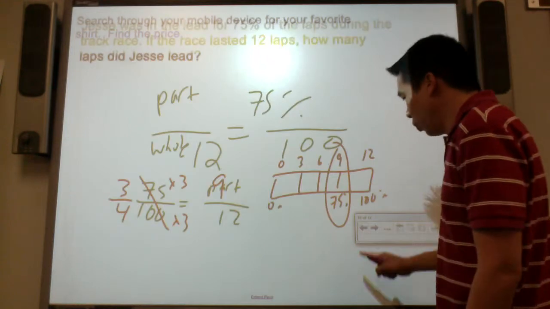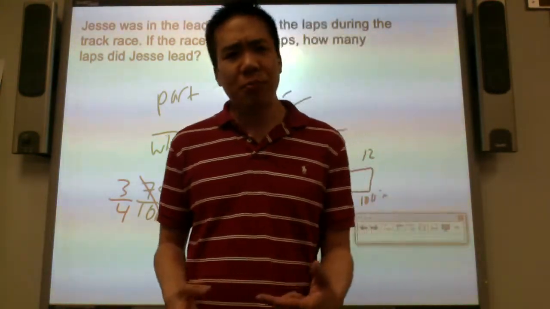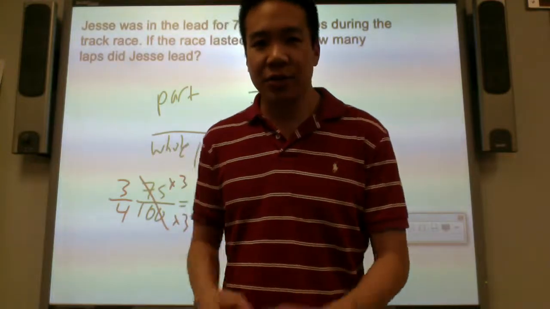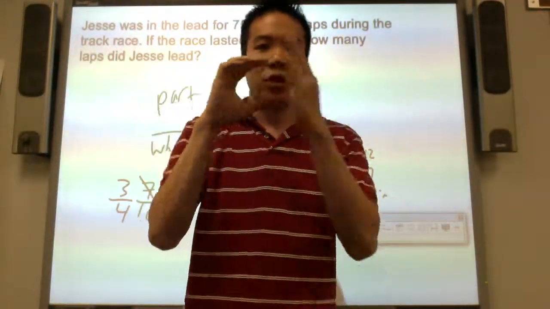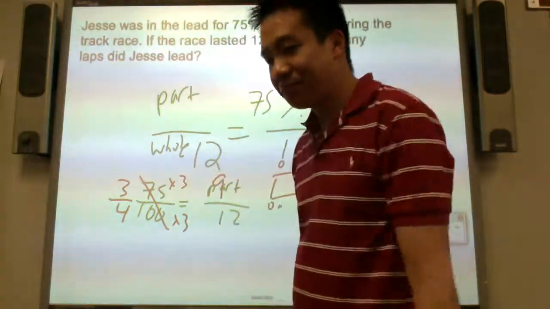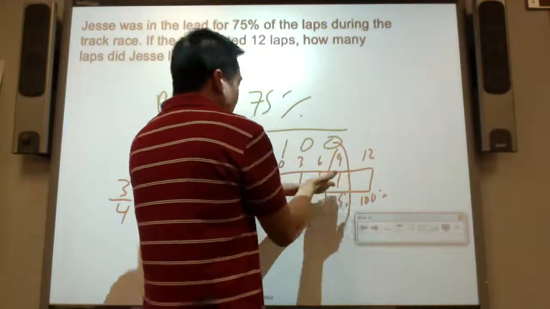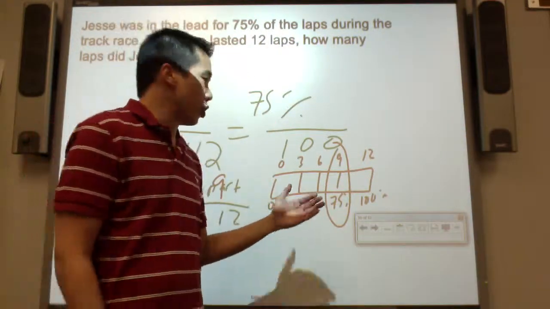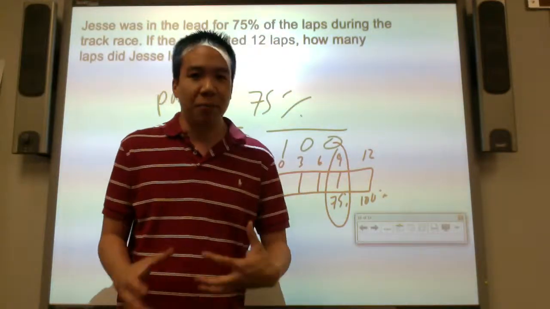And that's about it. What we went through here is focusing on the percent proportion. What's the percent proportion? Try to memorize it. It's part to whole equals percent per 100. If you don't like that, you can draw the percent bar. There is nothing wrong with drawing a percent bar. I personally don't like it; I'd rather work with numbers.